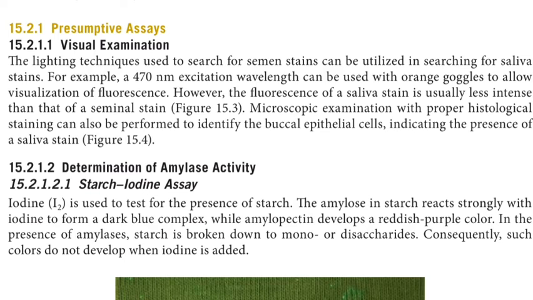Then we can go for confirmatory assays for saliva. We can use the immunochromatographic assay as well as ELISA. In the immunochromatographic assay, first, the sample containing amylase, our saliva sample, is loaded into a sample well.